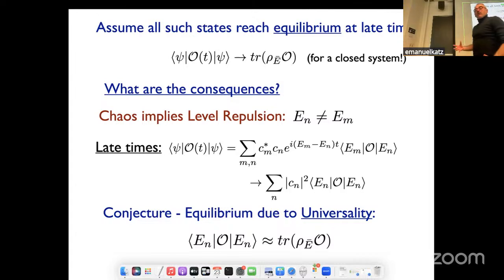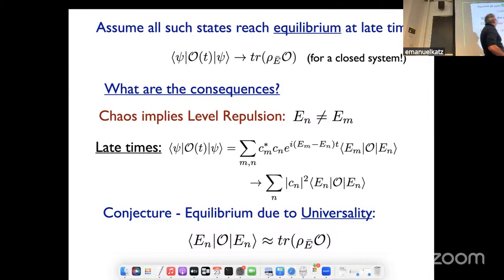And so essentially going through a one-line argument with some linear algebra, and knowing that systems that reach equilibrium for all initial conditions are believed to be chaotic, and chaotic systems are supposed to have level repulsion, we'll talk a little bit about that. And how is it mechanically possible, given whatever initial conditions, to reach equilibrium?